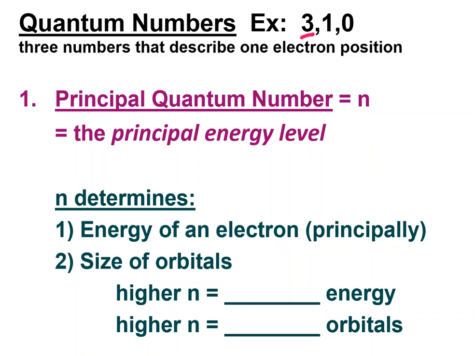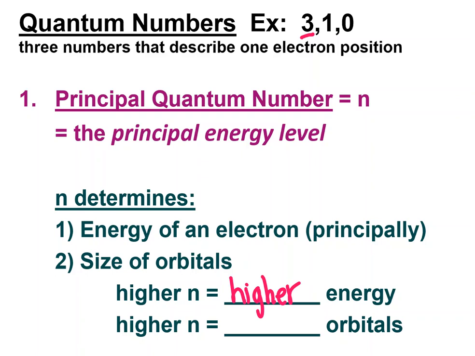A few things about n, some of which we already knew: n determines the energy of the electron principally, or it mainly governs the energy of the electron, but also the size. The higher the n, the higher the energy. And we've been showing it that way.